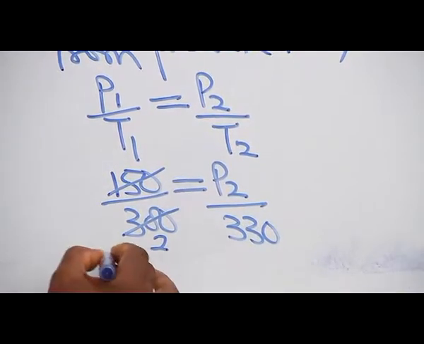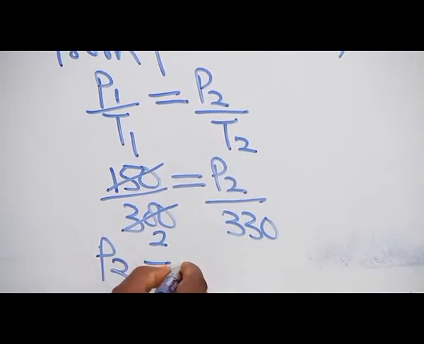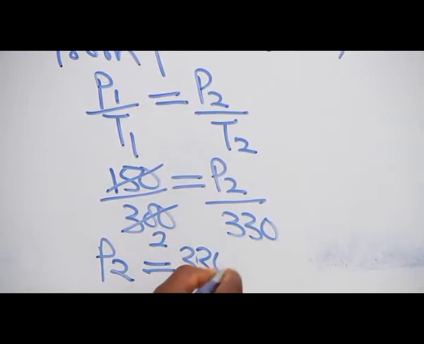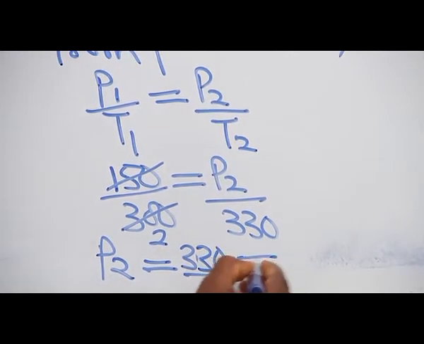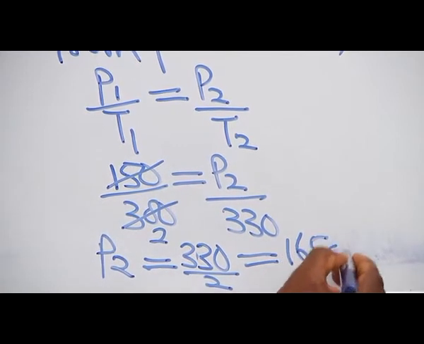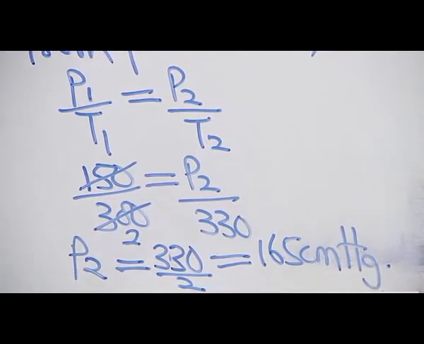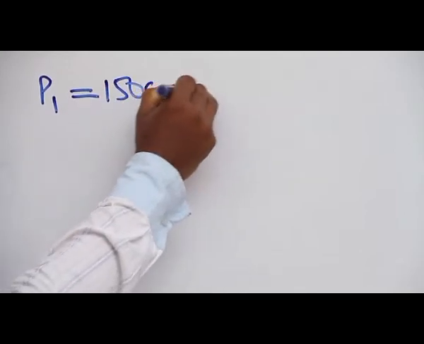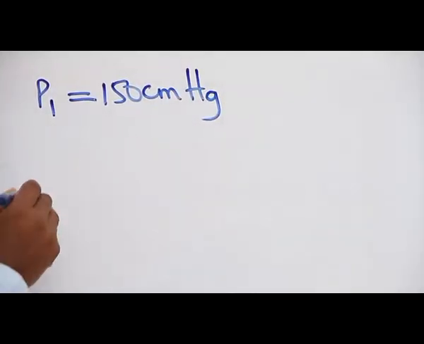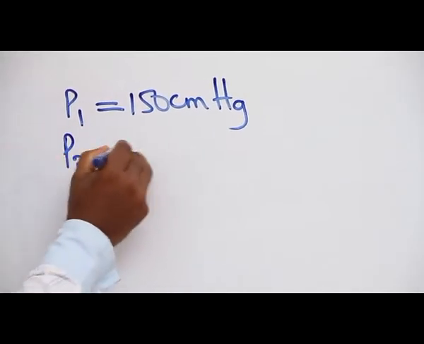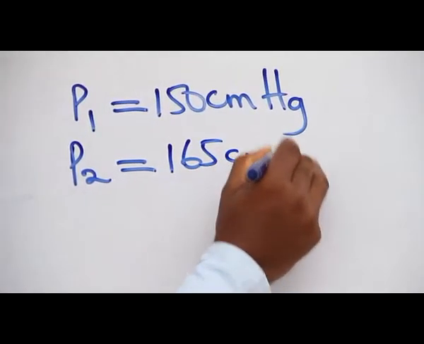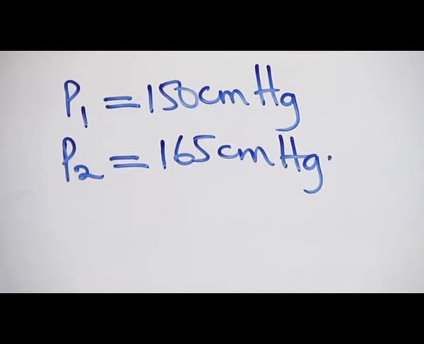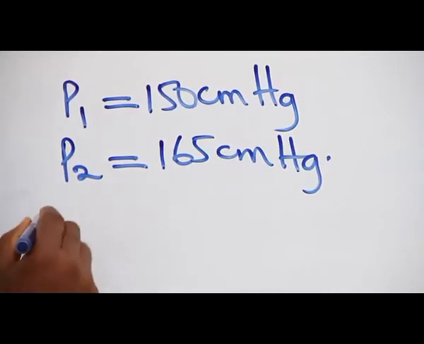So we have P2 is equal to 330 divided by 2, which is 165 centimeter mercury. The initial pressure P1 was 150 centimeter mercury, and the pressure after driving P2 is 165 centimeter mercury. From this result, we find out that the pressure has increased by 15 centimeter mercury.